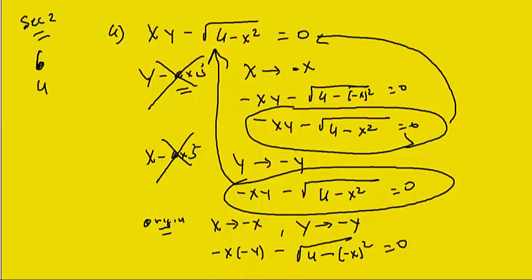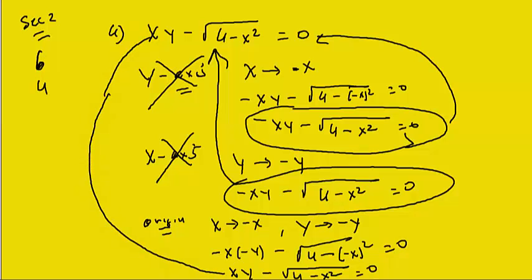Clean it up. Negative times negative is positive, so we get positive xy minus square root of 4 minus x squared is equal to 0. Is this exactly the same as that? Yep. So it's symmetric to the origin.